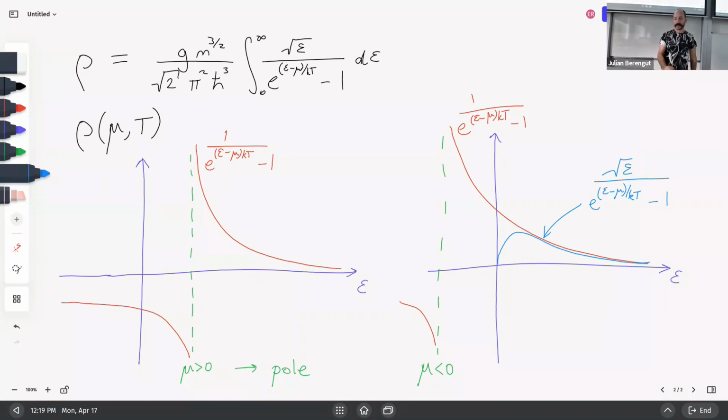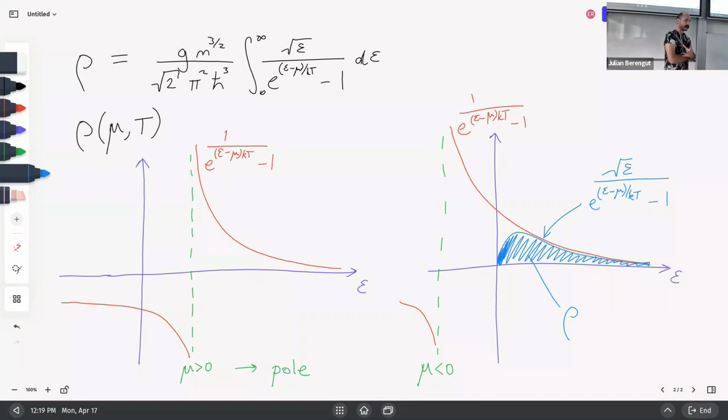And what is the density? It's the integral of this thing. That's the density. So the problem makes sense only if mu is less than 0. Mathematically, we have some problems if mu is not less than 0. So that's what this graph looks like.